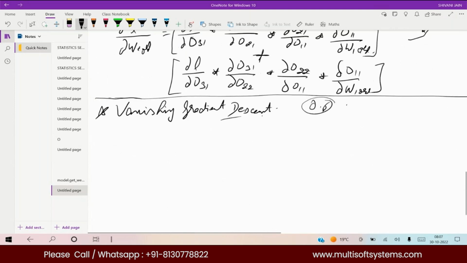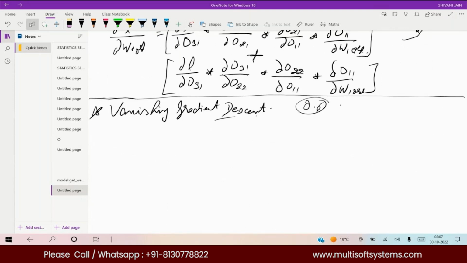Okay, now let's try to understand this vanishing gradient. Very important, so you can make a note of this. Let's suppose this is my deep neural network, in which I have four hidden layers. This is my input layer, X1. This is my W1, weight 1.